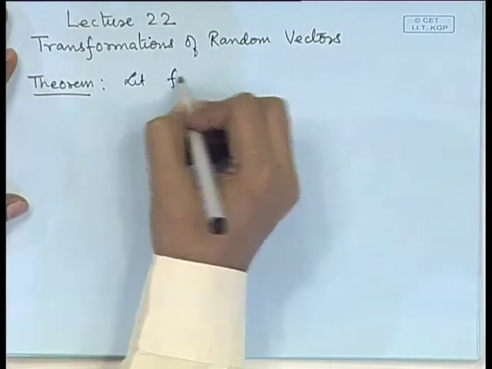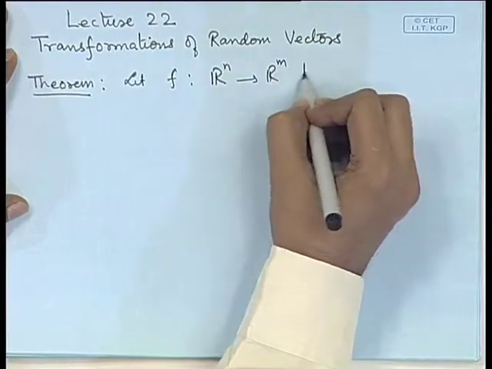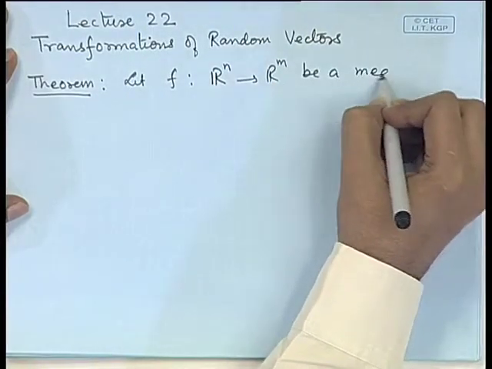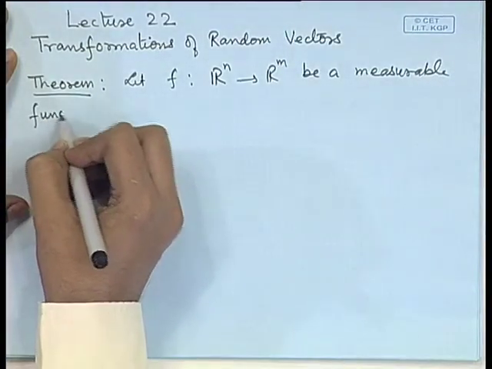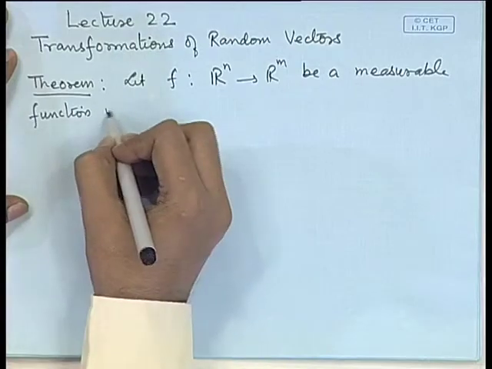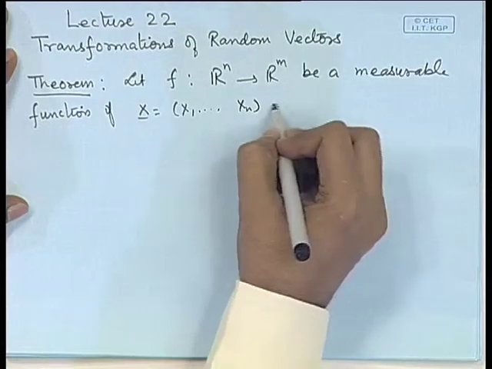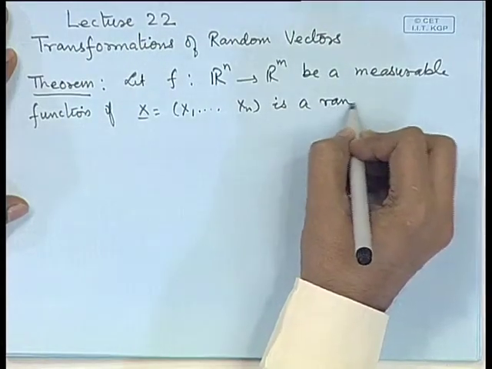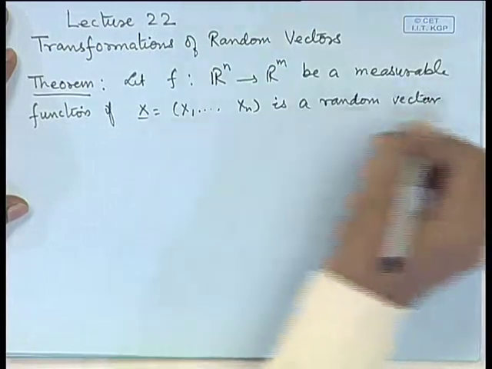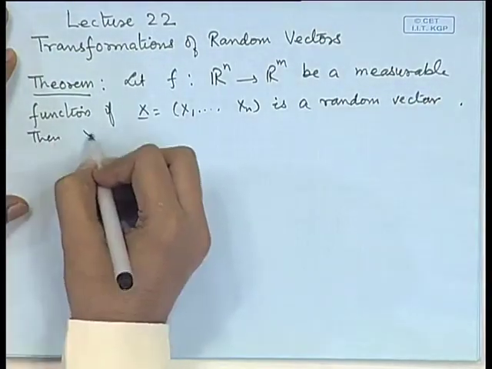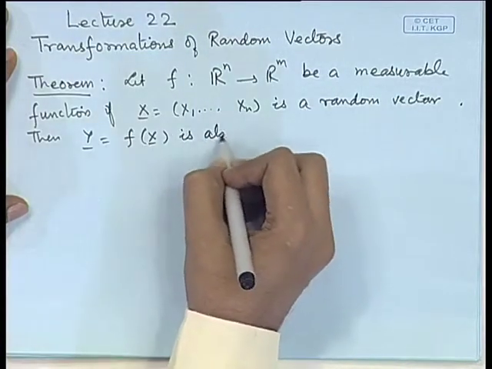Let f from, say, R^n to R^m be a measurable function. So, if X = (X1, X2, ..., Xn) is a random vector, then let us call Y = f(X), which is also a random vector.